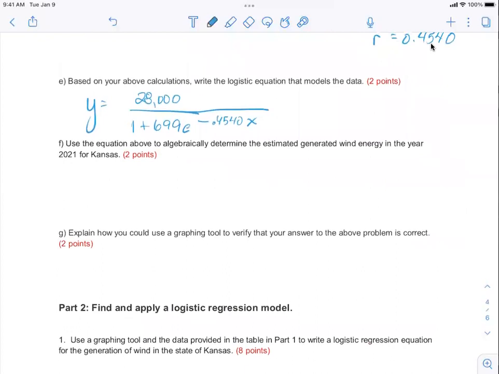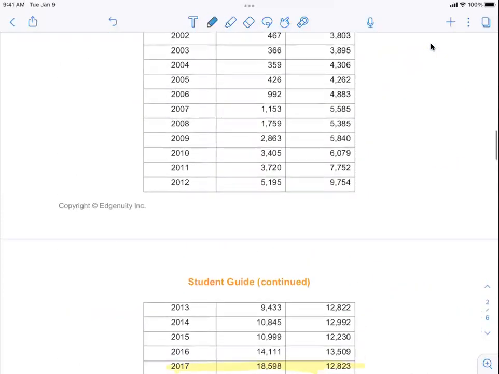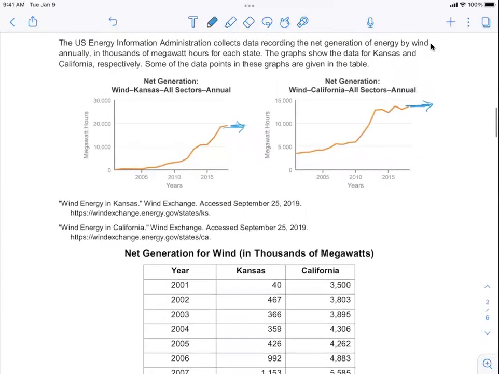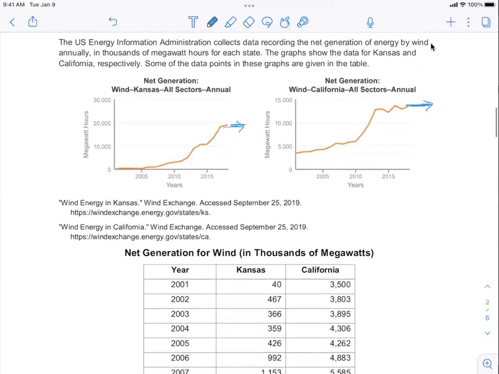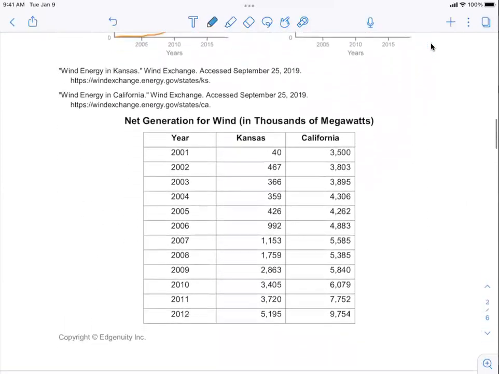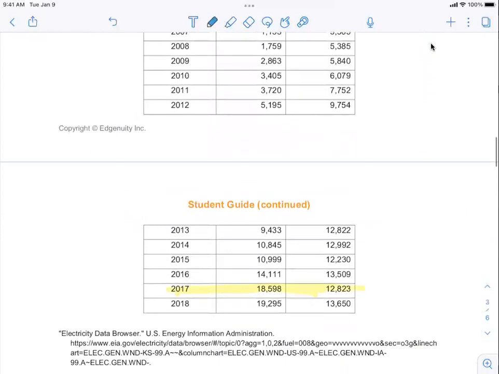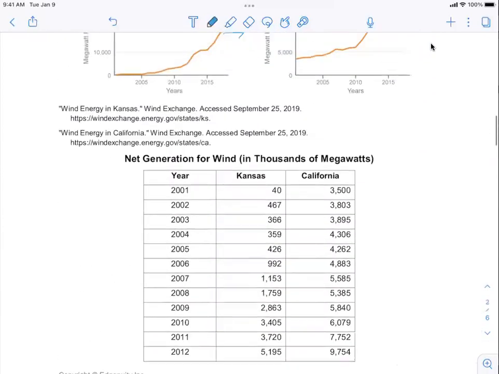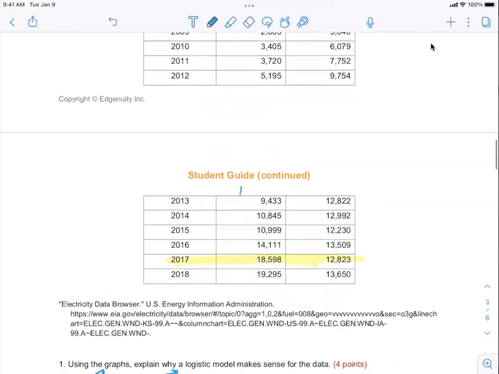Use the equation above to algebraically determine the estimated generated wind power in the year 2021 for Kansas. This table: the first one is Kansas and the second one is California.